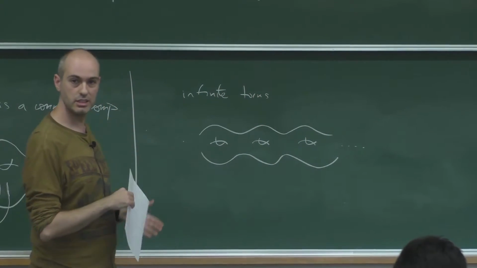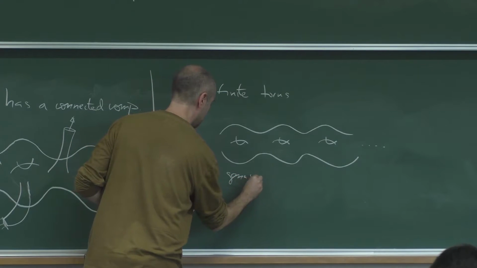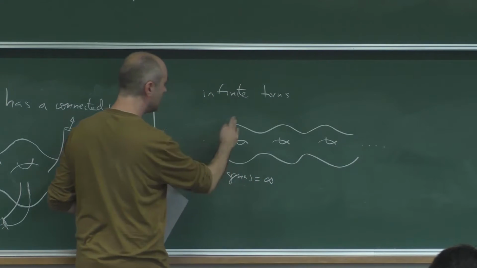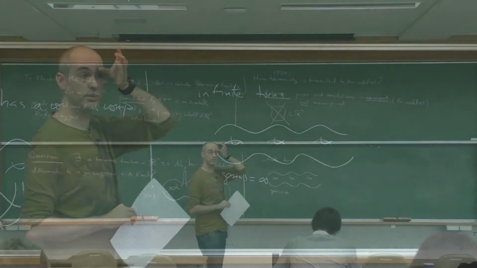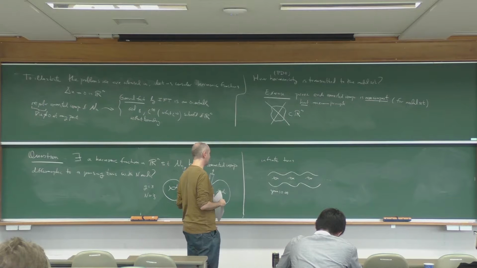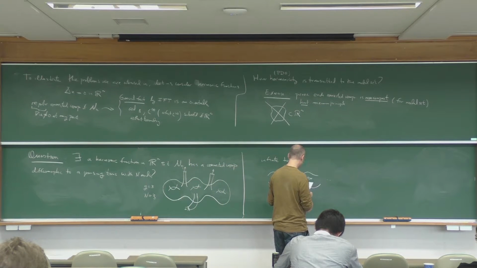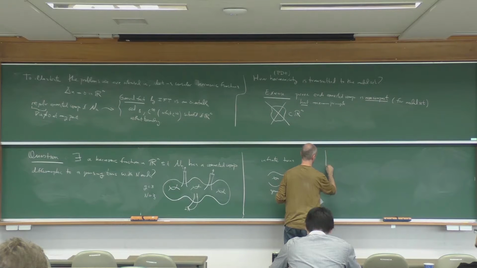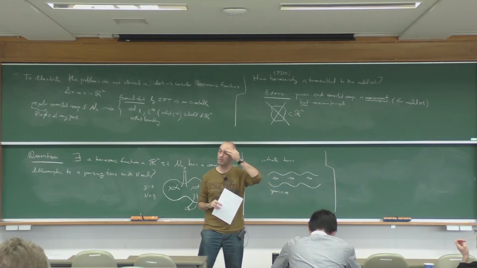Infinitely many genus. Genus is equal to infinity. So does this exist? Is it possible for a harmonic function to have a component of its nodal set with this shape? This is the kind of question that I'm going to address.